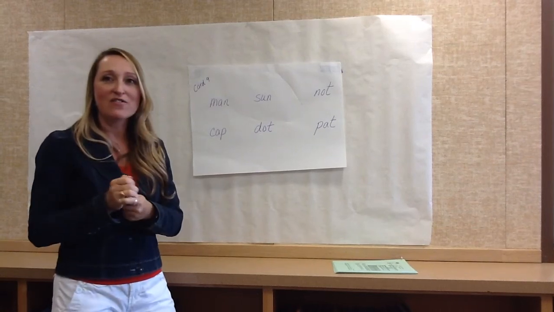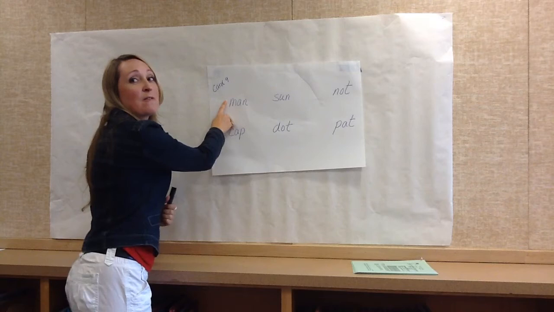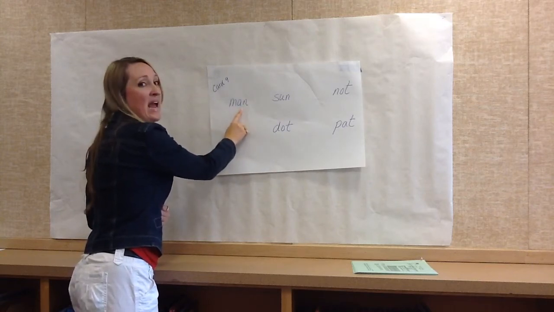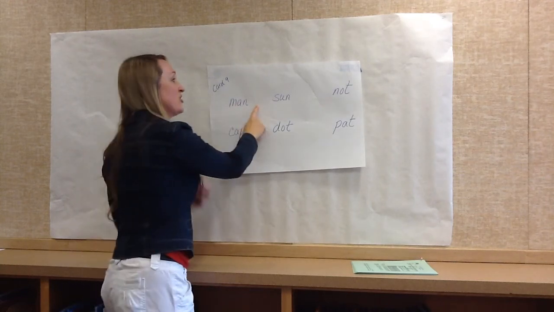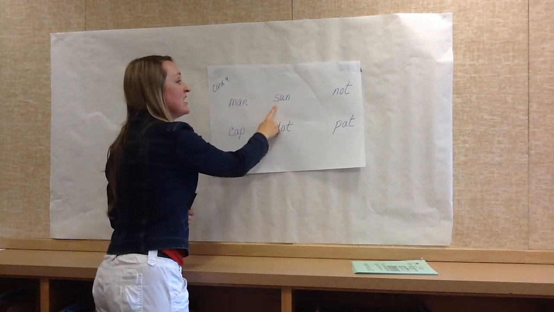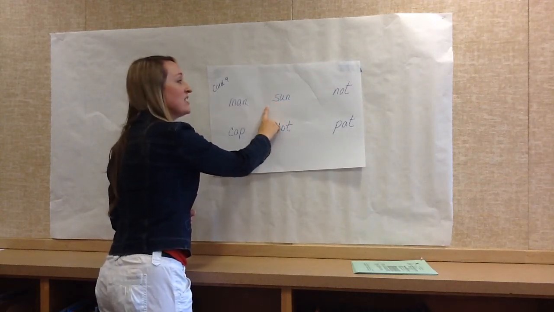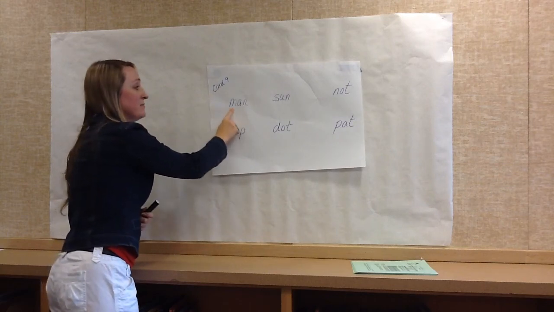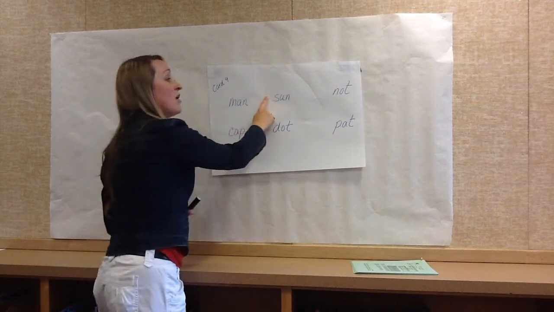I will model now for you how to do this card. My turn, blend, man. Word, man. My turn, blend, sun. Word, sun. Your turn. Blend. Man. Word, man. Blend.